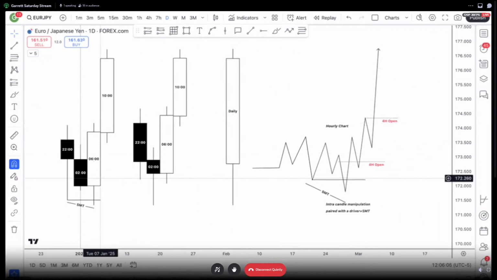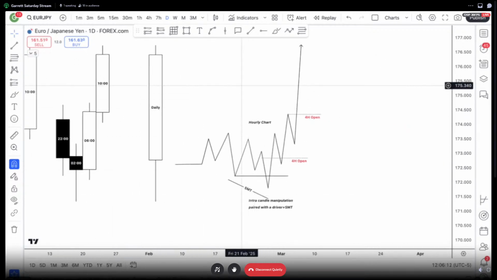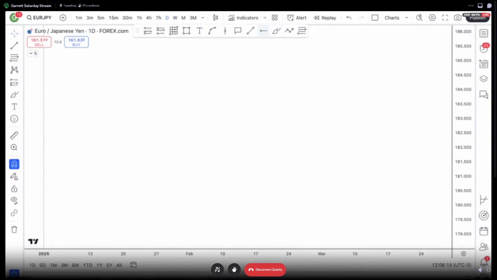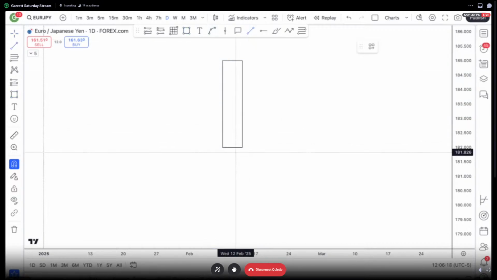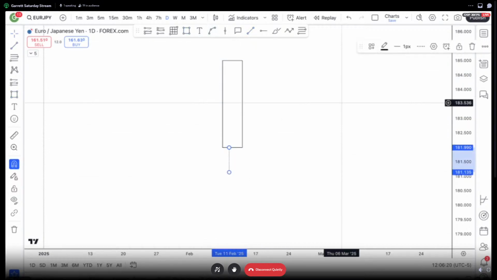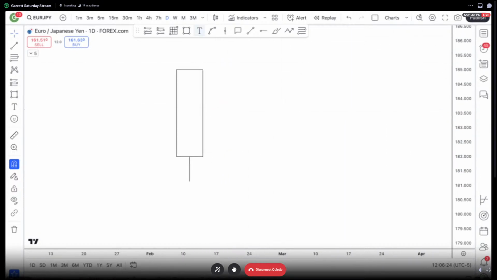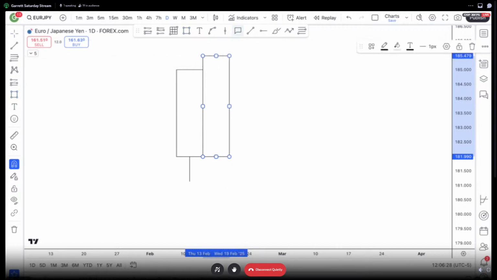First, let's go over how a reversal candle forms and the ones that we can trade. There's really two ways a reversal candle forms. Let me just draw this real quick. This isn't very important to know, by the way.